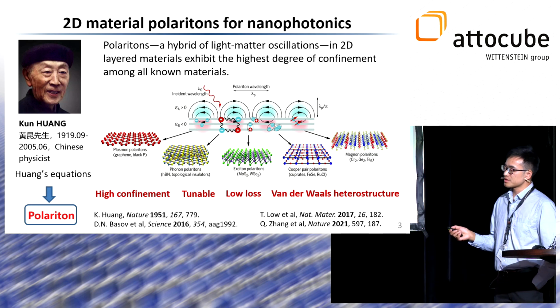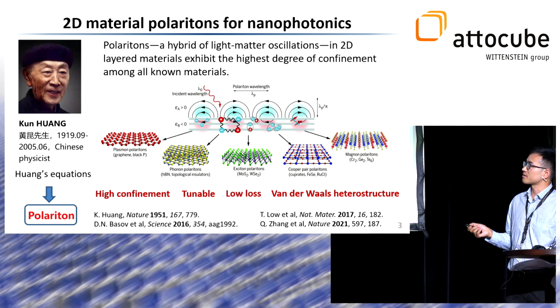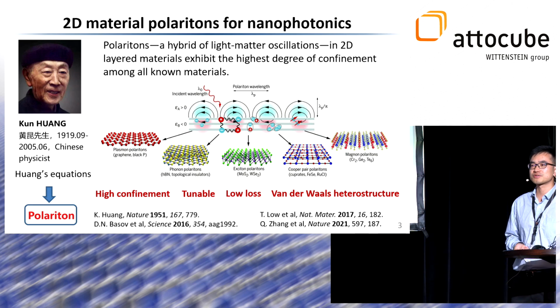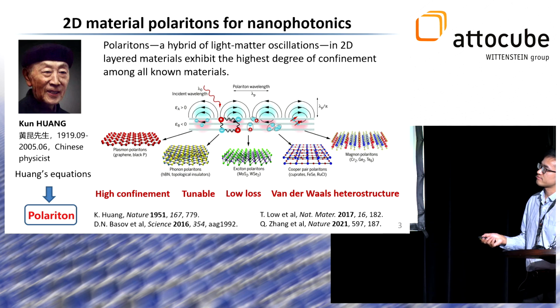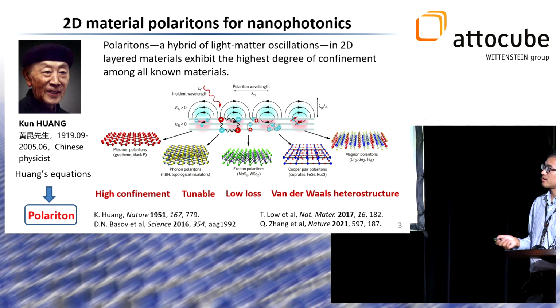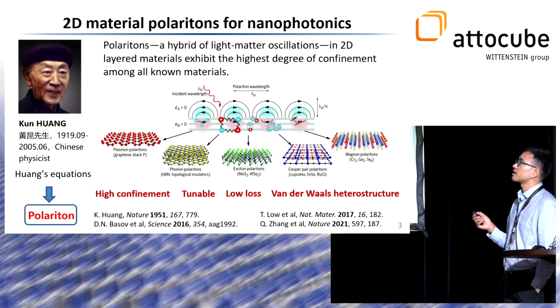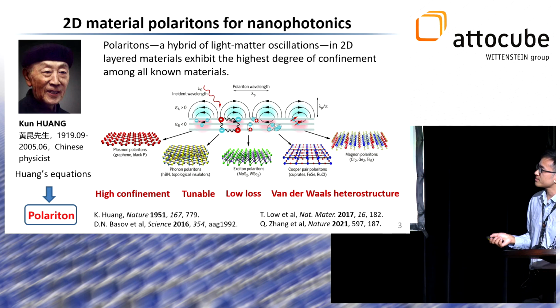I think you have already seen this image a few times, but it's a good start to introduce polaritons in van der Waals materials. They have many advantages, right? Like high light confinement, and they can be tunable. You can easily create van der Waals heterostructures by stacking multilayers.